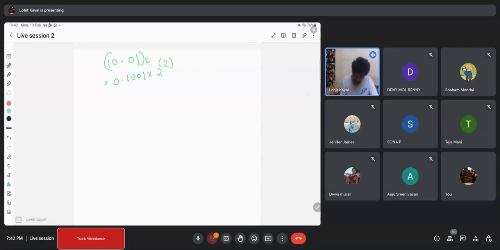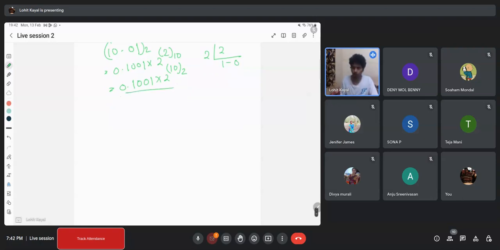Now this 2 is in the decimal basis. We have to convert this 2 to the binary basis. It will be 0.1001 into 2 to the power 10, and it has the base 2. Because if we convert this 2 in the decimal basis to the binary basis, it will be 10. Now I have to write it in the 4 boxes.